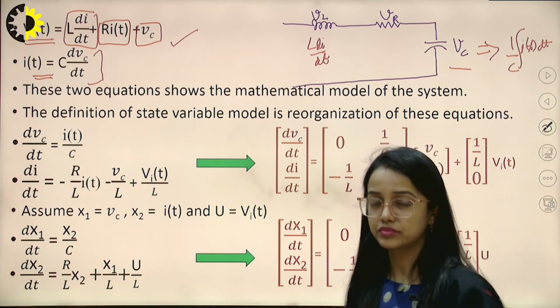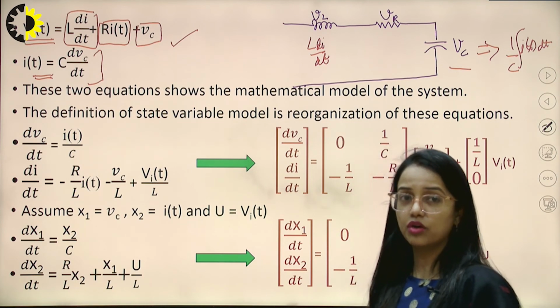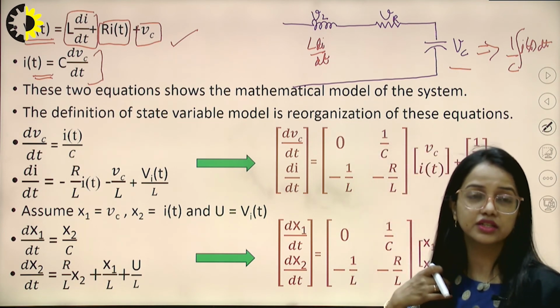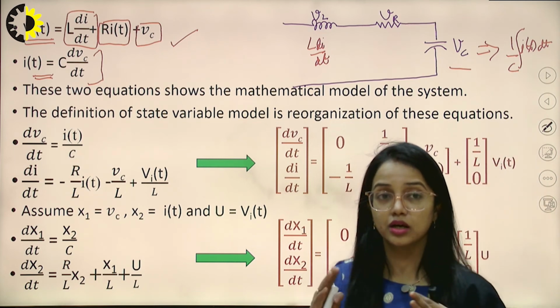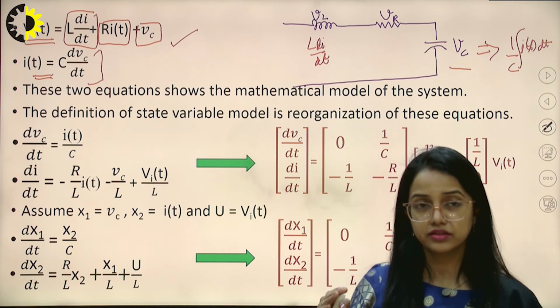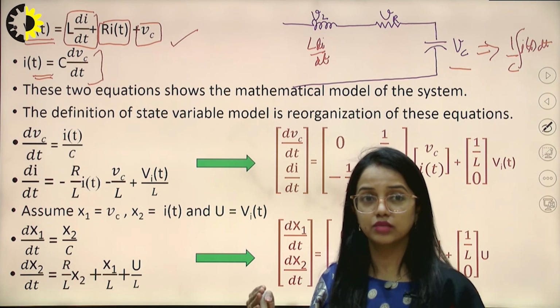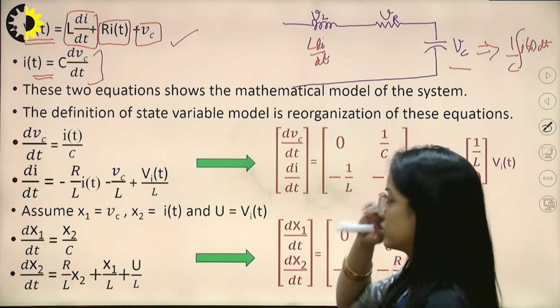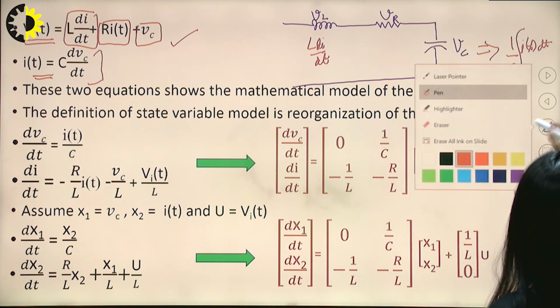Now, we can rewrite these equations with the characterizing variables on the right hand side. So let us encircle the characterizing variables.